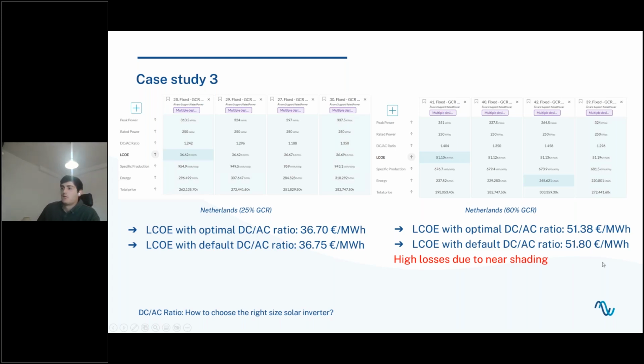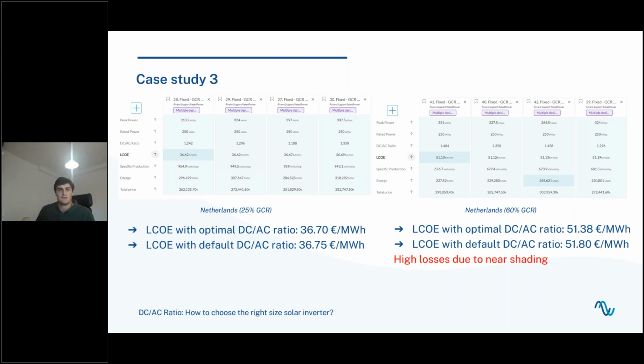And the reason why the optimal DC-AC ratio is so high is the fact that there are many losses due to near shading in this specific design. So we are losing power before reaching the inverter, and we can even oversize the inverter more because the power was being lost before.